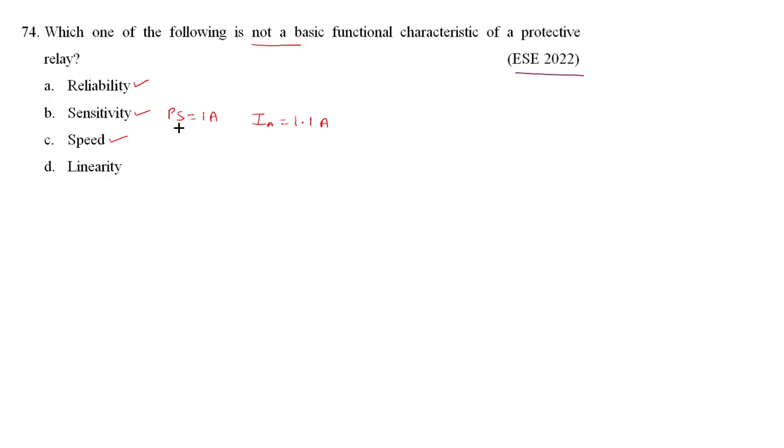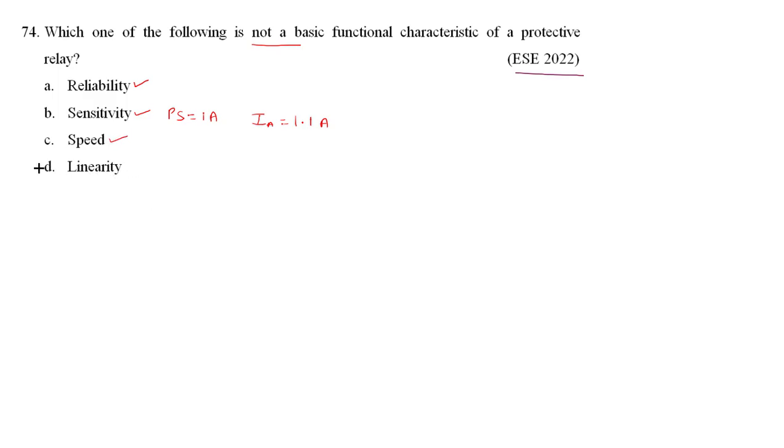Speed of the relay is very important, because if the relay senses the fault quickly and gives the command to the breaker quickly, the breaker will open very fast and the fault clearing time will reduce. In order to have the smallest fault clearing time and more stability in the system, because stability is governed by the speed of operation, the speed of the protective relay system should be fast.